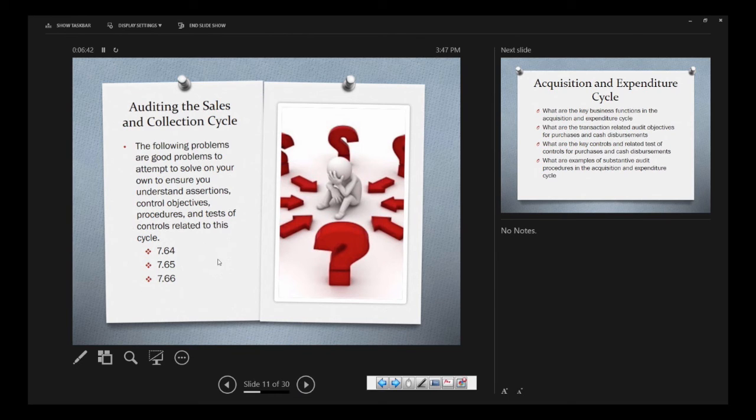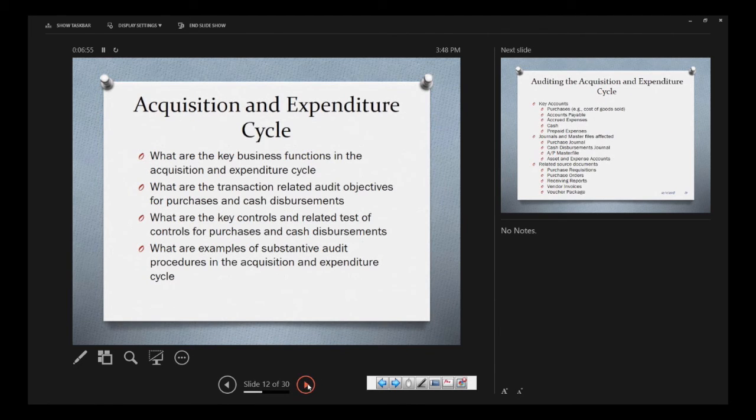Again, here are some suggested problems that you want to go through and make sure you understand. And these problems cover both revenue type procedures as well as receivables. Chapter 8 deals with the acquisition and expenditure cycle, same thing. Key business functions, what are the key audit objectives? What are the controls? What substantive tests do we perform?